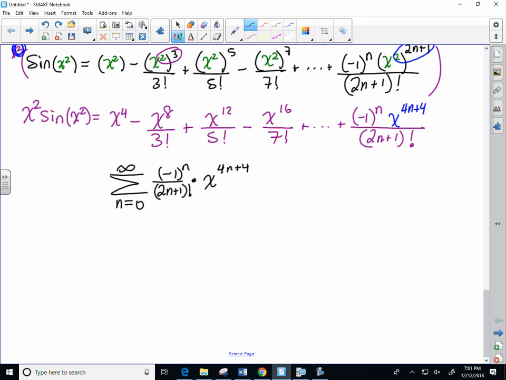Power rule. If I'm taking the derivative or the antiderivative of this, all I have to use is the power rule. Because anything that comes out of this ugly fraction, whatever it is, it's going to be a number. Whatever comes out of this expression here, it's going to be a number.